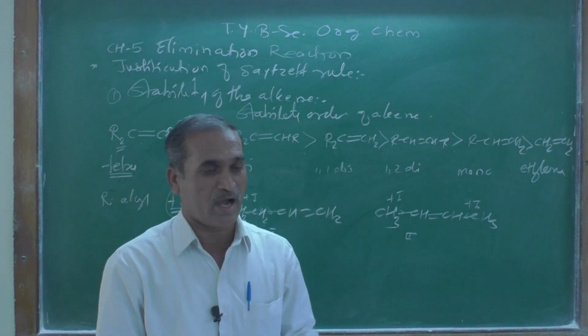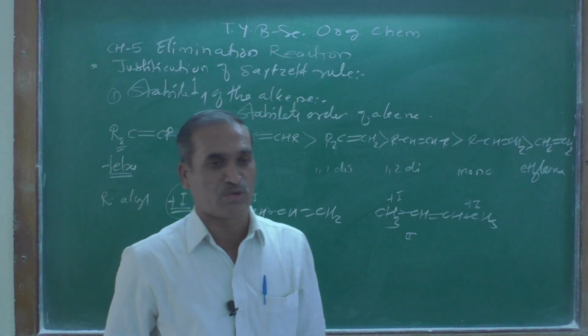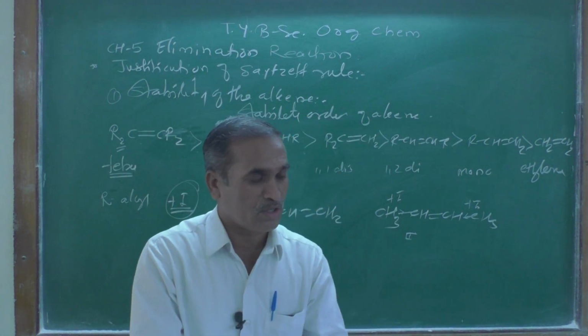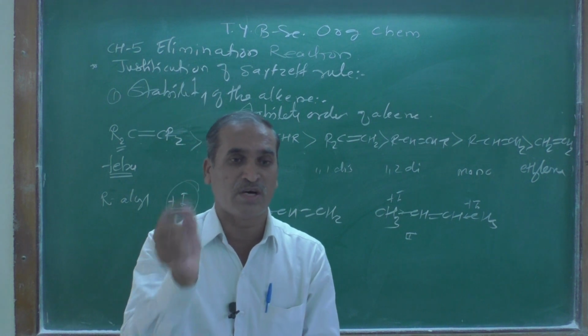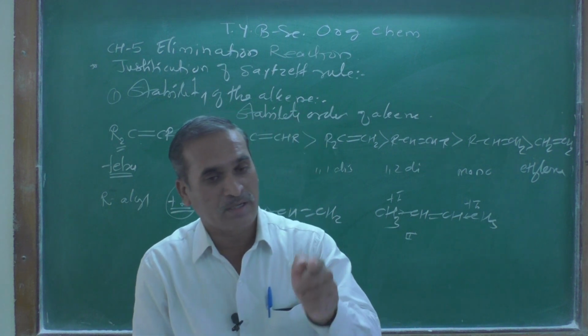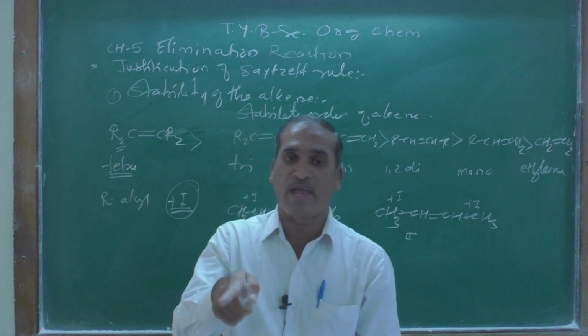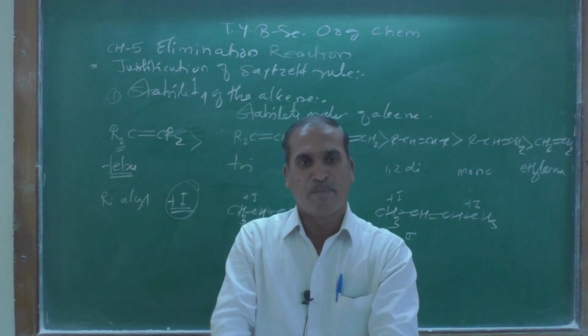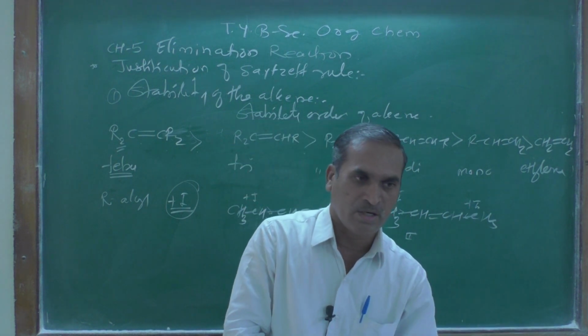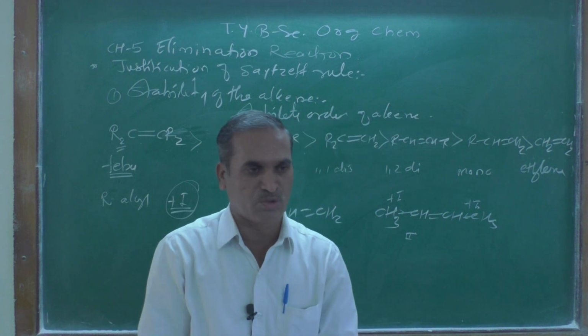And therefore hyperconjugative effect is nothing but a modification of the resonance effect, but it operates via sigma bond. That is the major difference between resonance effect and the hyperconjugative effect.